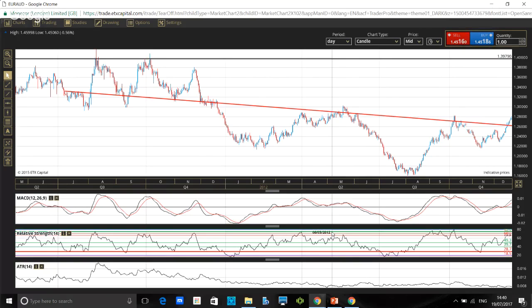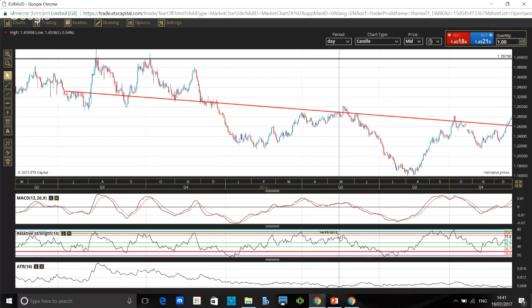This is the area of resistance for the RSI, the green one, not the red, when price is in an uptrend. And the bottom green zone is the area of support for the relative strength index when the price is in an uptrend.